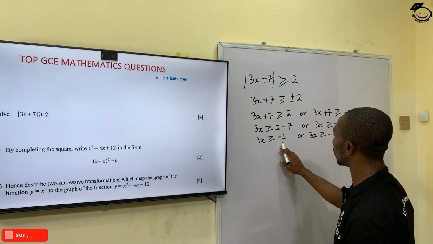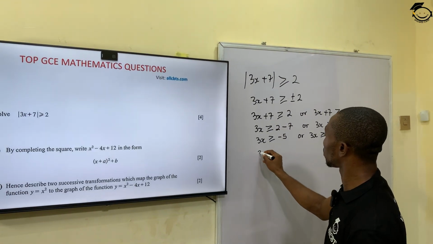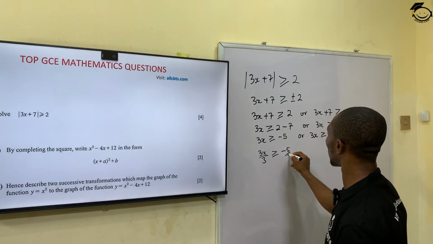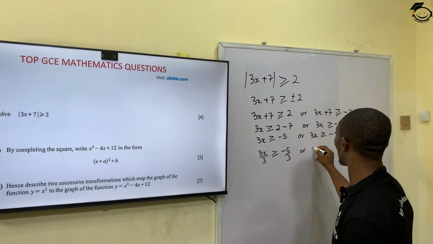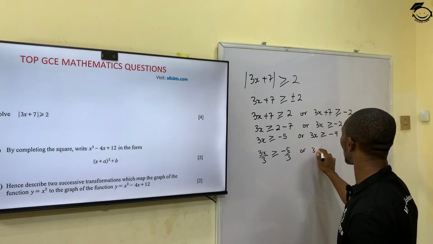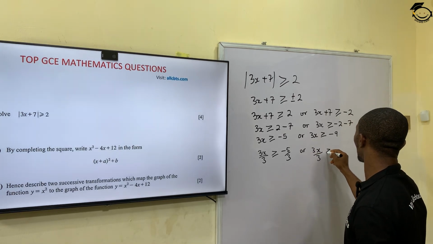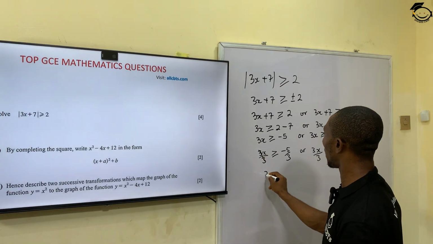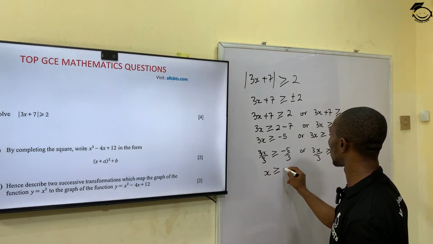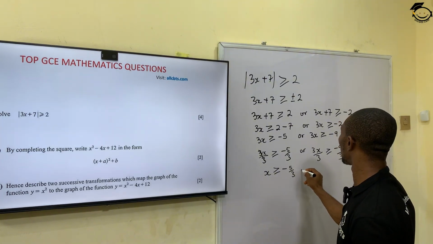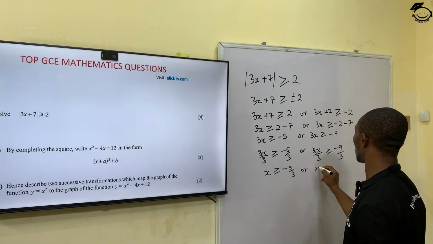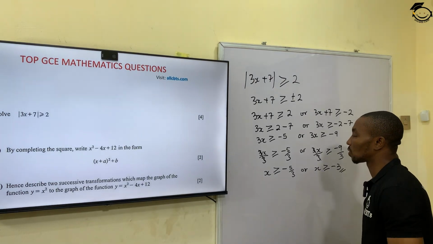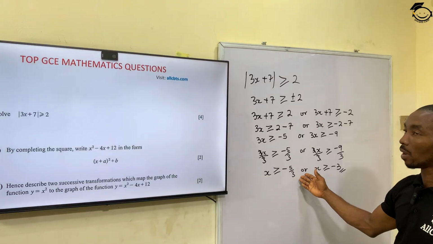Now, dividing all through by 3, this becomes 3x over 3 greater than or equals minus 5 over 3, or 3x over 3 greater than or equals minus 9 over 3. So from here, our x will be greater than or equals minus 5 over 3, or x is greater than or equals minus 3. So this gives us the value of x.